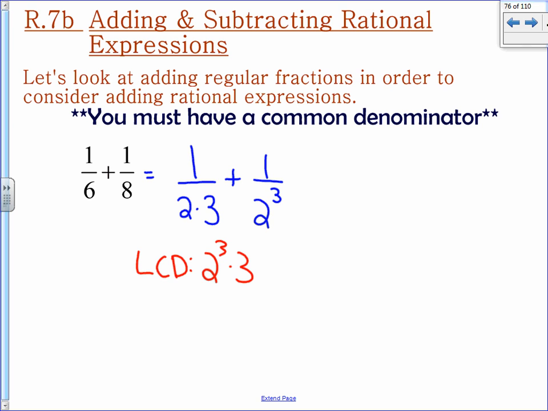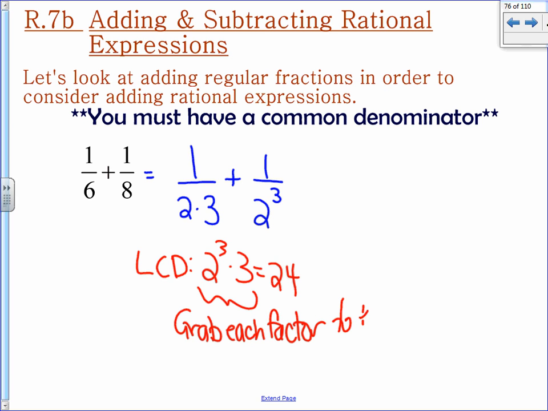So that would give you an LCD of 24. And this is to find the LCD.